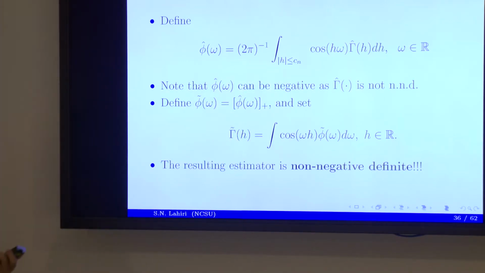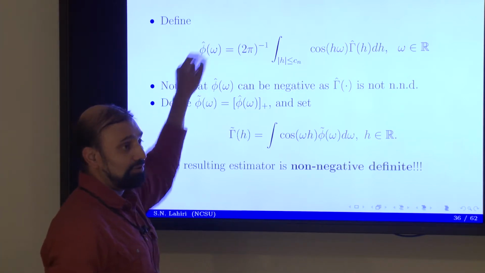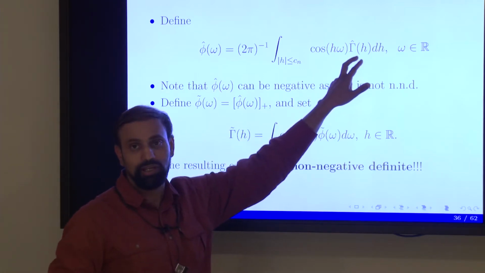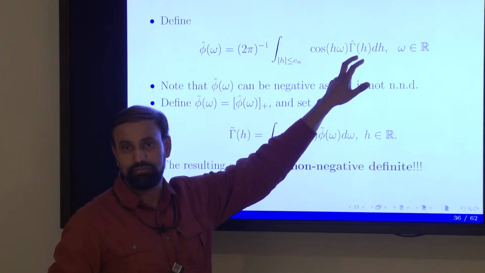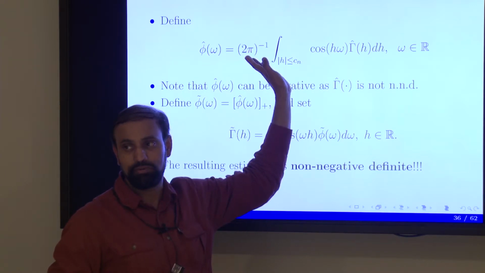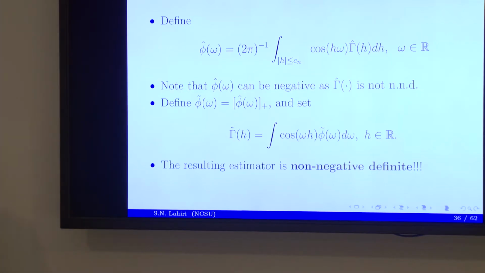Let cn go to infinity at certain rate. Then this would be an estimate of the spectral density. And since to begin with I do not have a non-negative definite function, my spectral density is never guaranteed to be non-negative, right? There's some theorem by people long back.